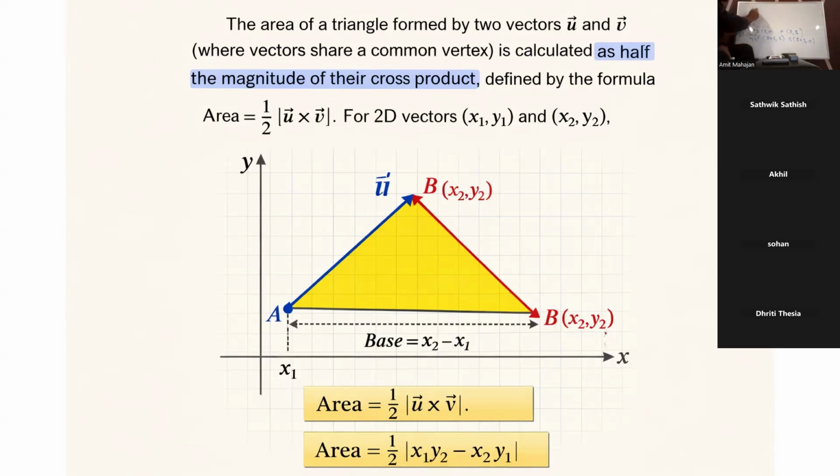So area is 1/2 in terms of coordinate geometry, x1 y2 minus x2 y1. The magnitude of that. That symbol means absolute value or magnitude.